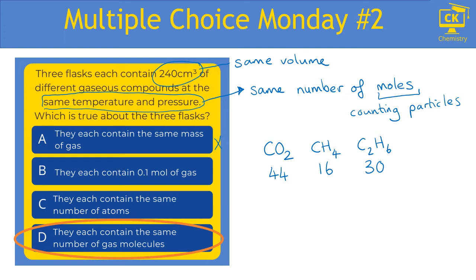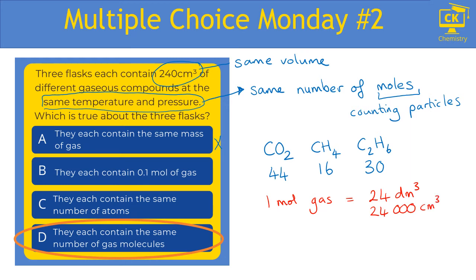B says they contain 0.1 mole of gas. The reason this question is here is because they're relying on you using a quick shortcut in your head, because you should know that 1 mole of gas at room temperature and pressure occupies 24 decimetres cubed, which is equal to 24,000 centimetres cubed.